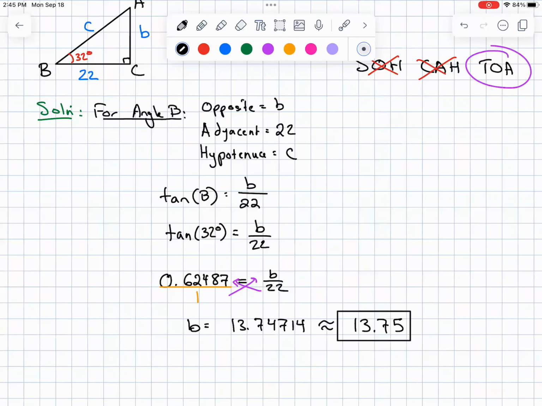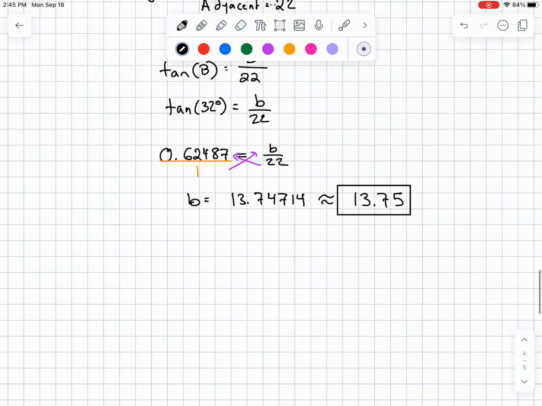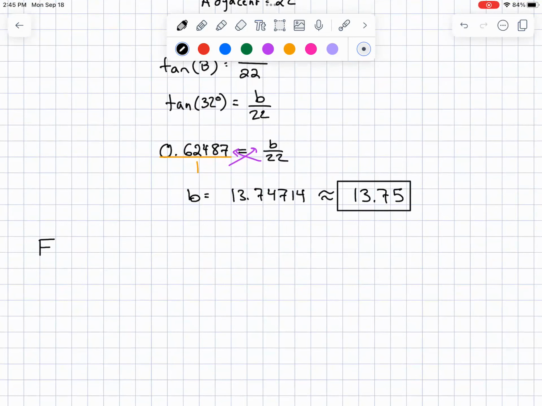So we're going to do an example in just a moment to show you that is the main thing that we're going to be using it for, to solve for missing side lengths. But there are so many implications that trigonometry has given us in the world. Just in case you're curious and want to know more about it, there's a very famous mathematician, Fourier. You don't need to write this down.